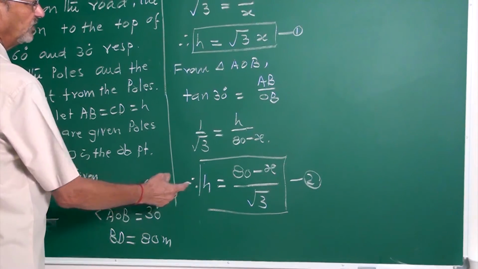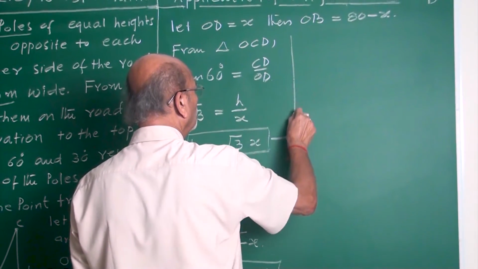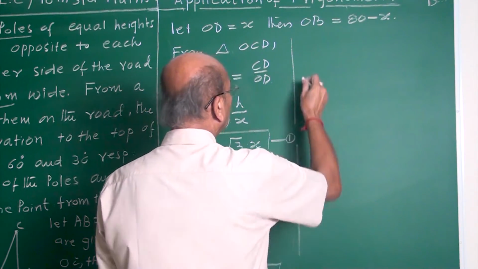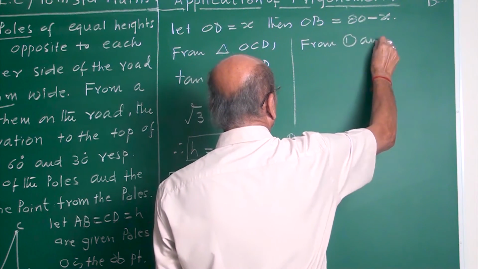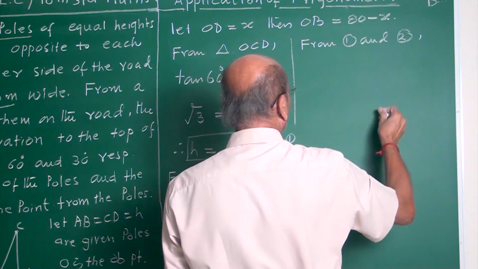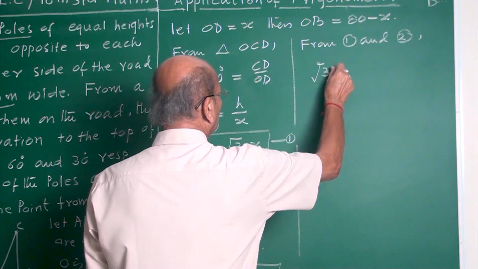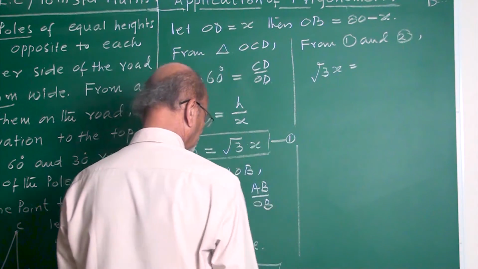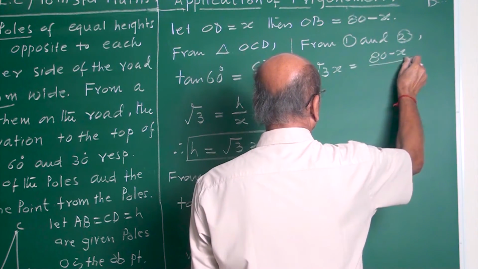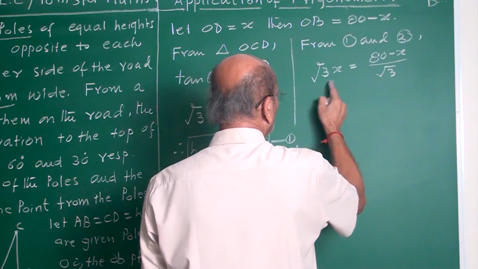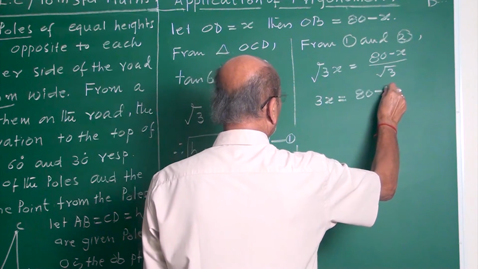From 1 and 2, equating for H, we get root 3 into x equals 80 minus x upon root 3. Root 3 into root 3 is 3x, which is 80 minus x.